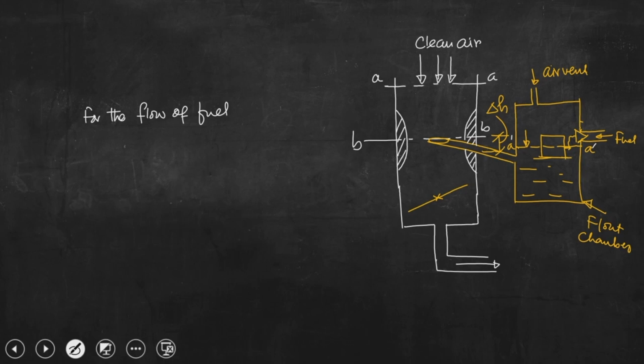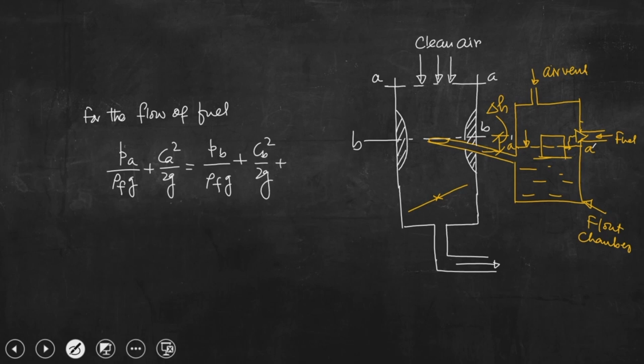So, that is we can write P_A by rho_f into g plus C_A square by 2g equal to P_A by rho_f into g plus C_f square by 2g plus H_f plus this delta H. So, in this case, you can see this is the energy equation for steady flow.